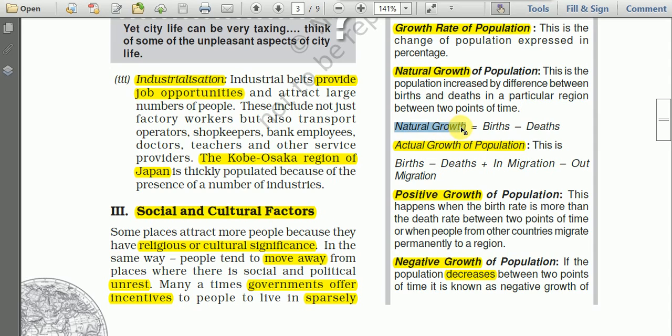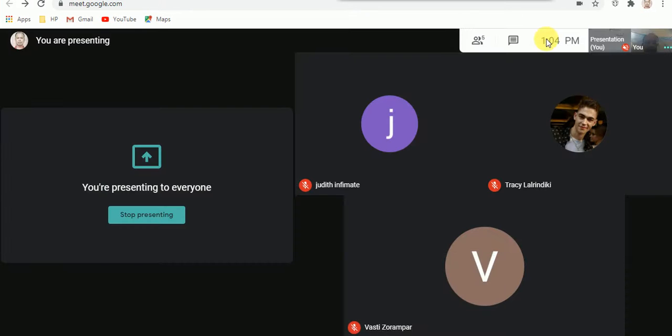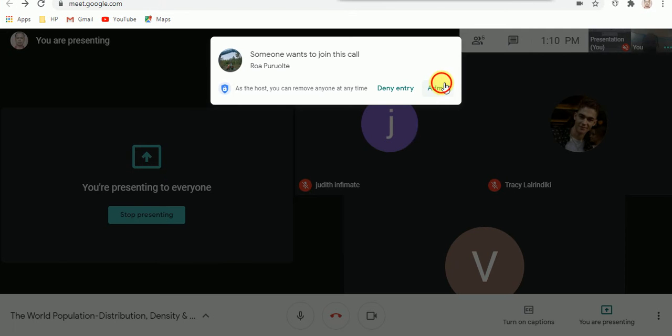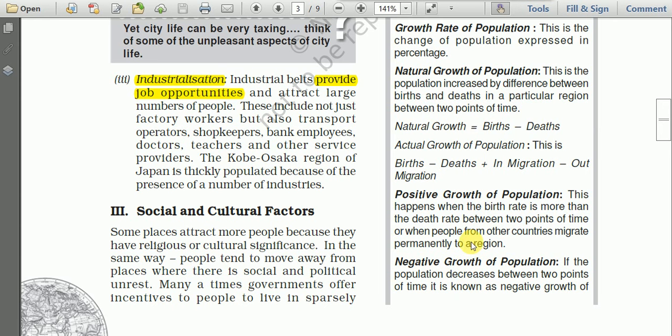Natural growth is equal to births minus deaths. That is, the natural growth is the difference between the births and the deaths.